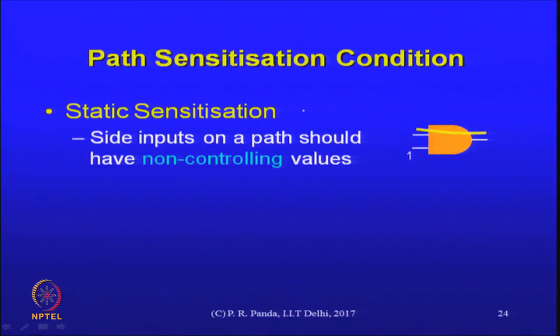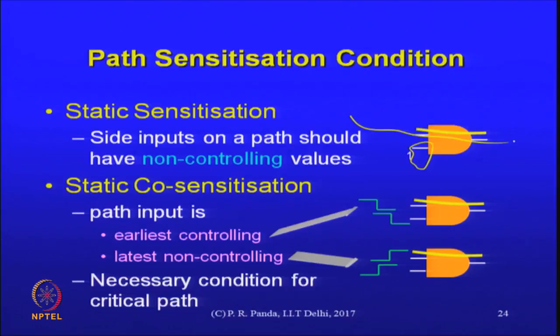Then let us outline the path sensitization condition. If it is static sensitization, then everything is fine. We insist that all the other inputs on that gate should have non-controlling values, so that our path is sensitized. That is one possibility. If this condition is true, then it means that we have identified a sensitizable path.